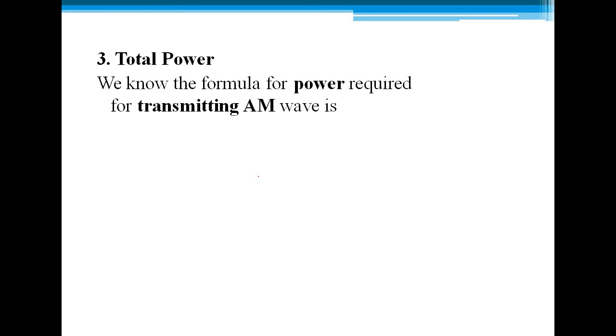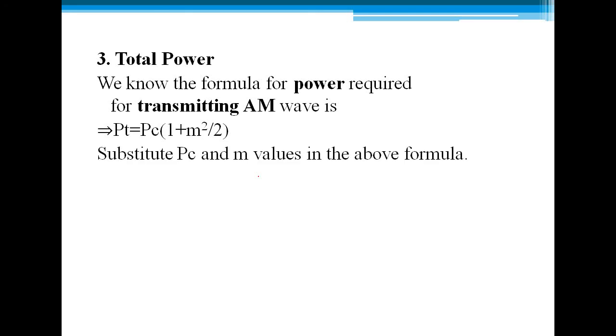And the last one is the total power. We know the formula for the power required for AM is given by total power is equal to Pc times 1 plus m square by 2. In the previous two parts, we found the value of the carrier power and the value of the modulation index. So we just put those two values in this formula.